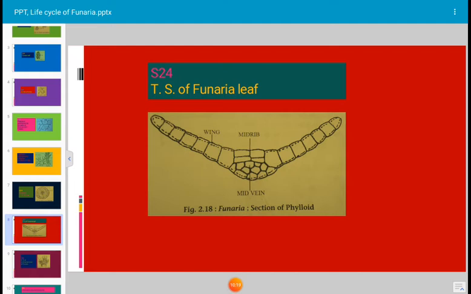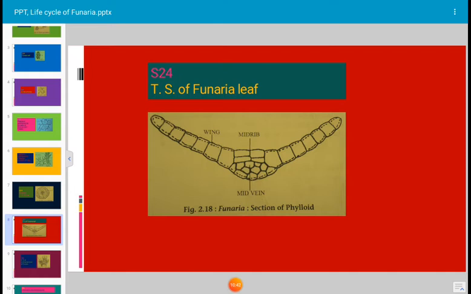The shape of the leaf may be oval or oblong, and the margin of the leaf is entire. Leaves are spirally arranged on the stem. The leaf has a distinct midrib at the center and it is attached to the stem by a broad base.